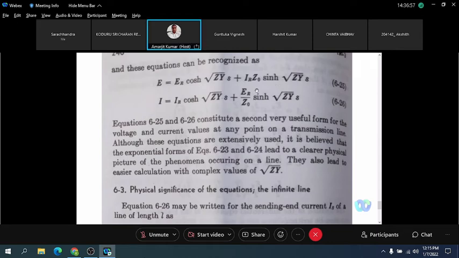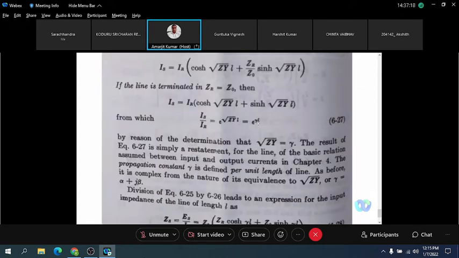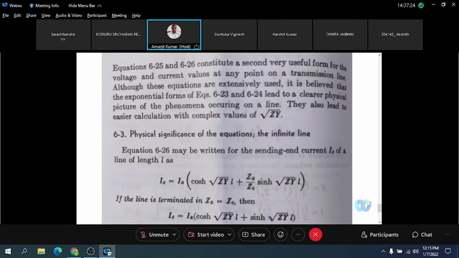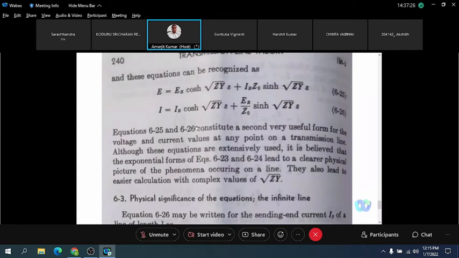So you can take IR common. The current will be equal to IR into (cos hyperbolic gamma S plus sin hyperbolic gamma S) if ZR is equal to Z naught. So basically I will be equal to IR into e to the power gamma S.